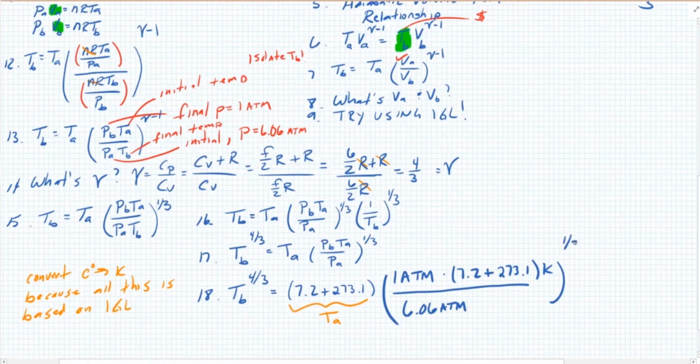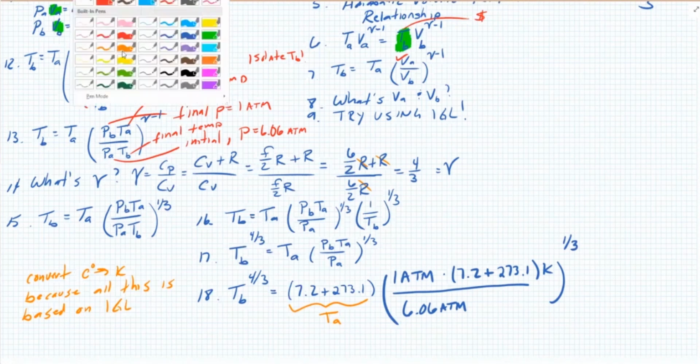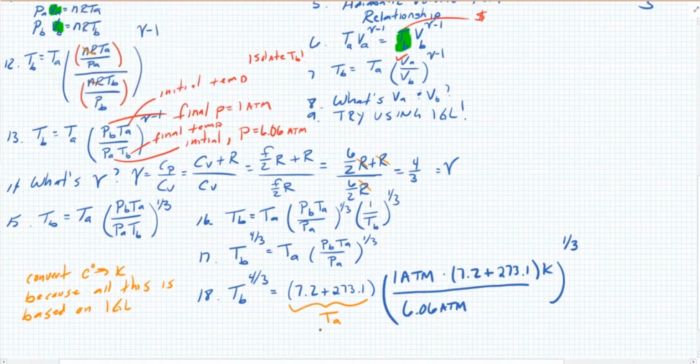All right, so let me go back and comment on all of this. So this is TA, convert, again, from degrees Celsius to Kelvin. Got it. So I'm just going to be paranoid here. There's TA.